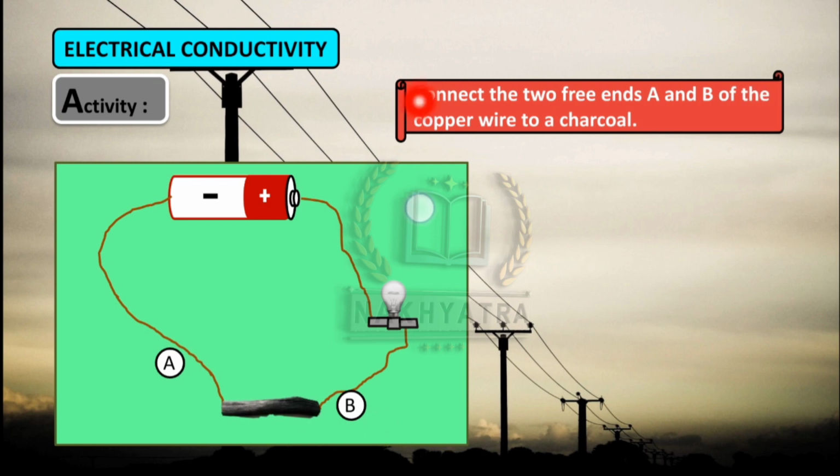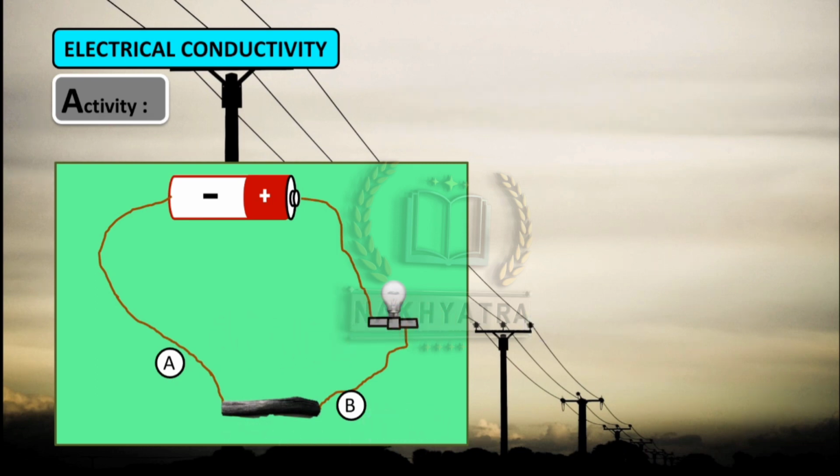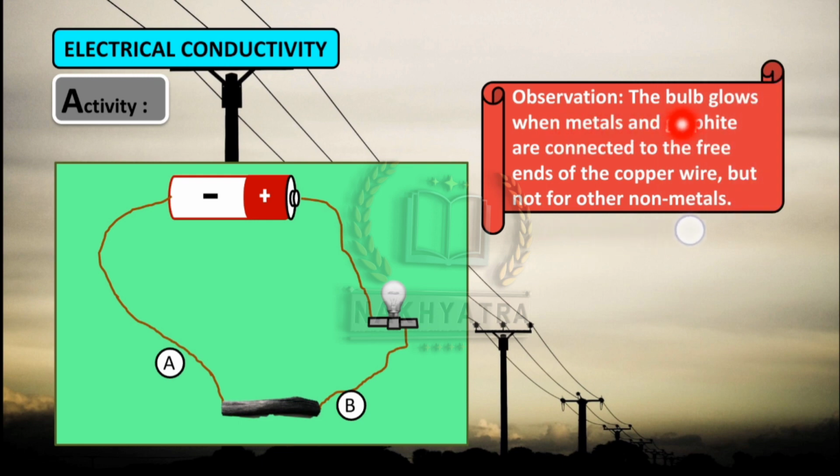Next connect the two free ends A and B of the copper wire to a piece of chalk. Now replace the graphite rod with the chalk. Here you can see that the light bulb doesn't glow. So what we have observed is that the bulb glows when metals and graphite are connected to the free ends of the copper wire, but not for other non-metals.